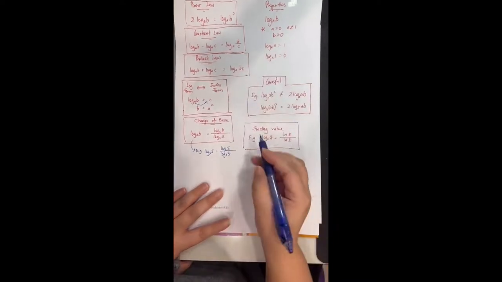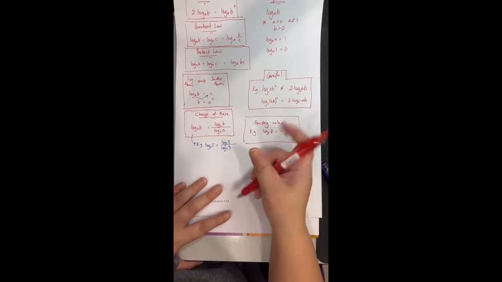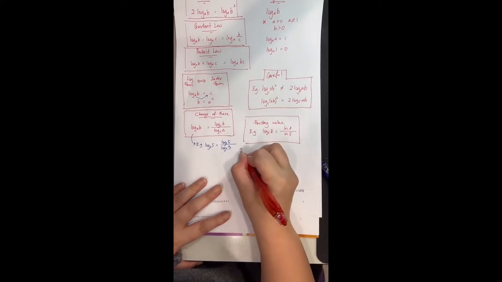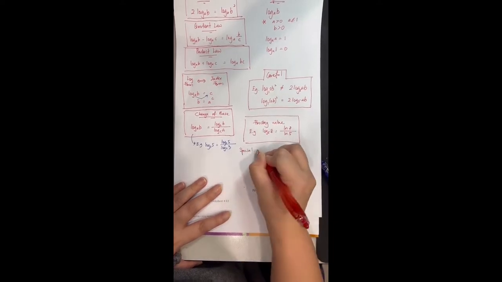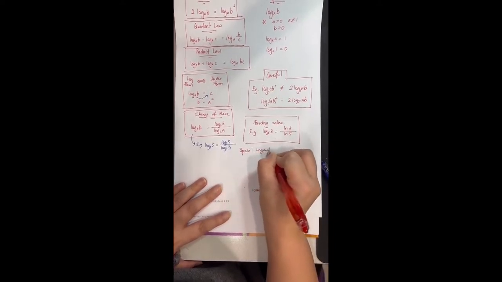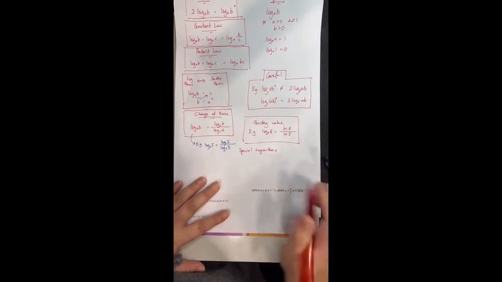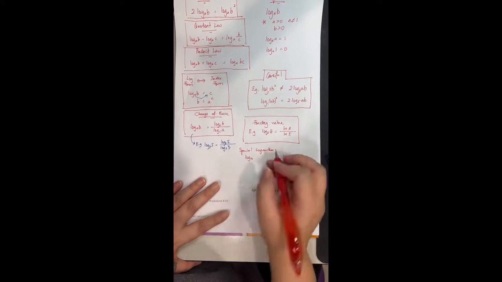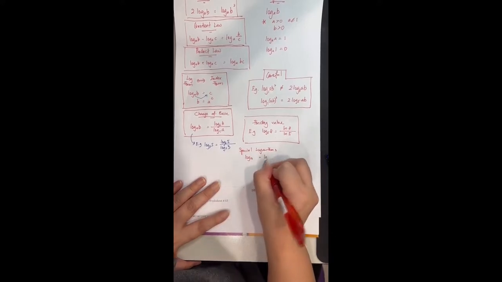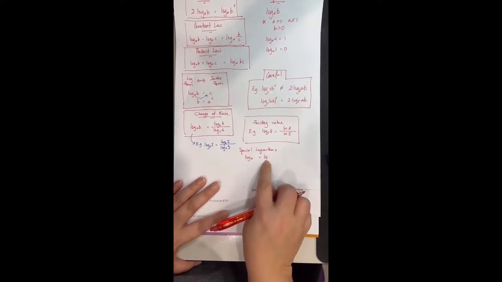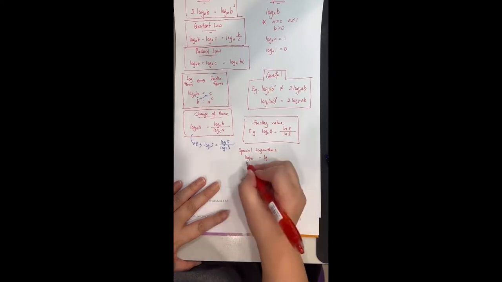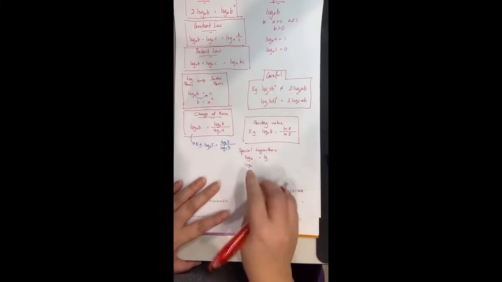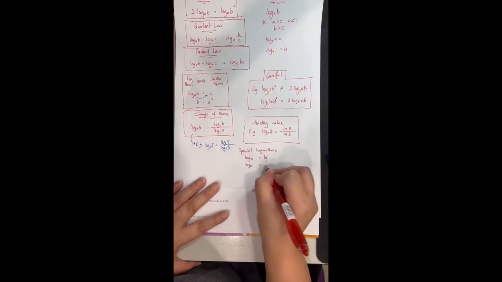So over here, I'm going to put, I never write this one, the so-called special logarithms. You need to know that base 10 is written as lg. When you write lg, it's actually base 10. Log base e, we write as ln.